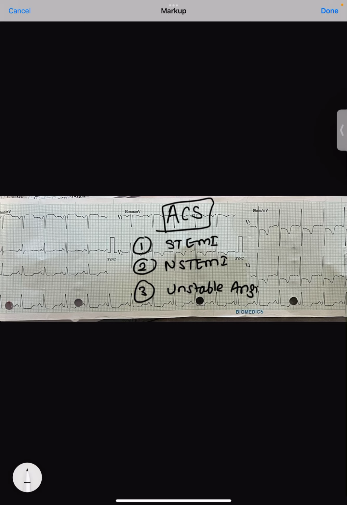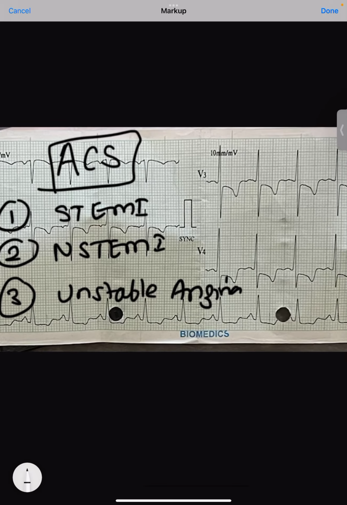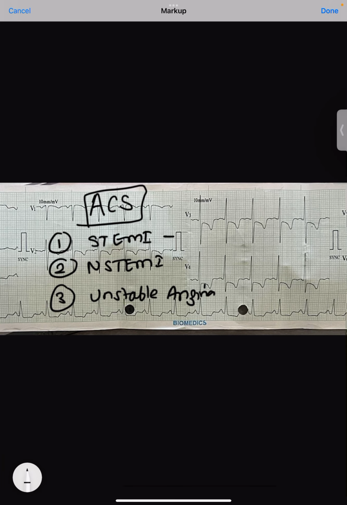For any patient presenting with chest pain, for STEMI the patient must have ST elevation, and in such patients you will get positive cardiac biomarkers like TROP-T and CKMB or TROP-I. So there will be both ST elevation as well as positive cardiac biomarkers.